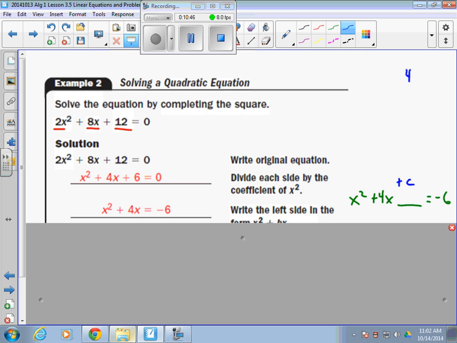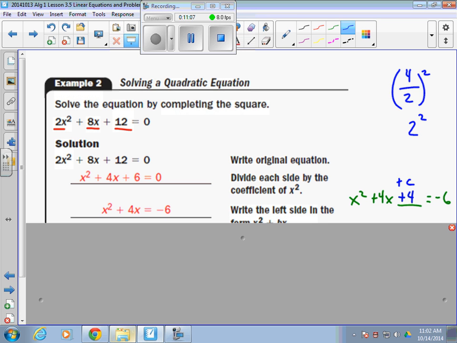You take 4, you divide it by 2, and then you square it. This is a lot better version than the ones we just looked at for the simple reason that it's going to be a nice even number. 4 divided by 2 is 2, and 2 squared is going to be 4. So your new C value is going to be plus 4.